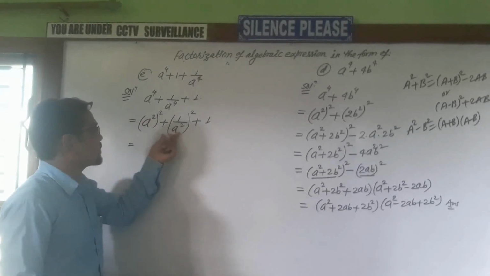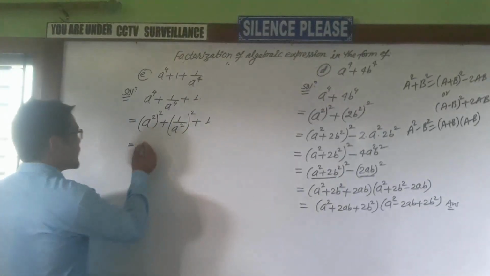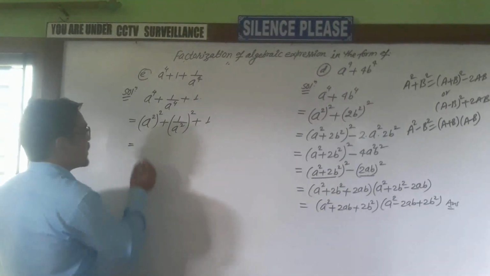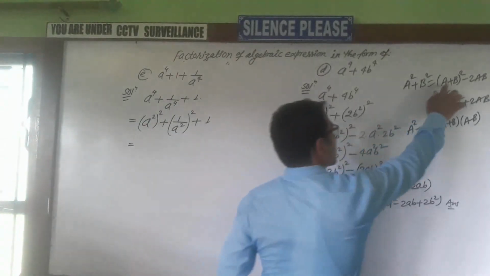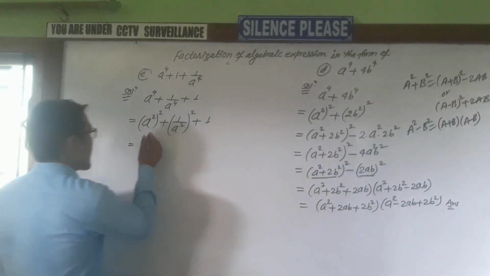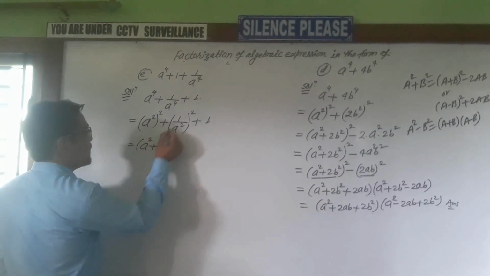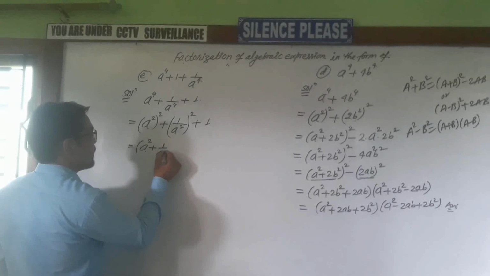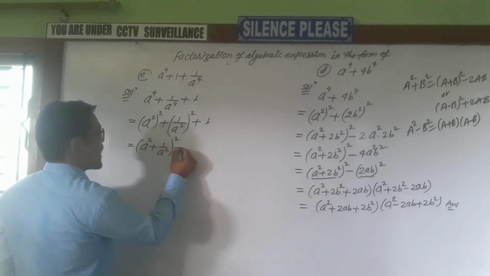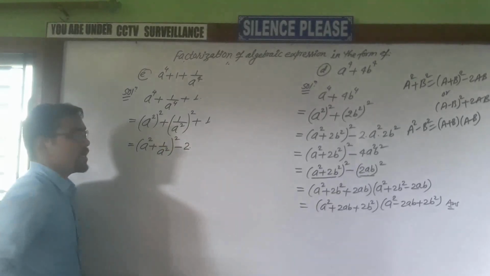Now we have to apply the a square plus b square formula. That is a plus b whole square minus 2ab, which is already written here. Now I write a plus b whole square. A plus b whole square means a square plus b, and b means here 1 by a square. A plus b whole square minus 2ab from the formula.